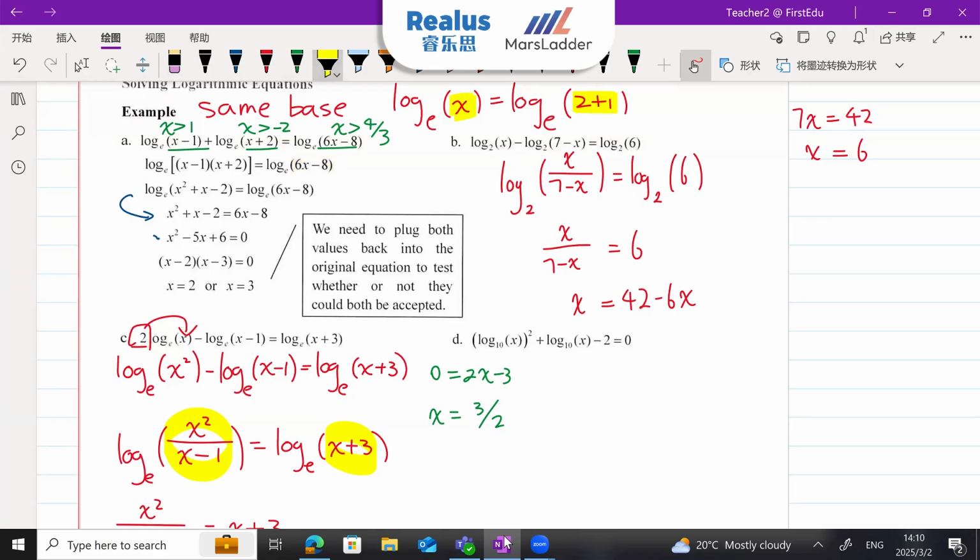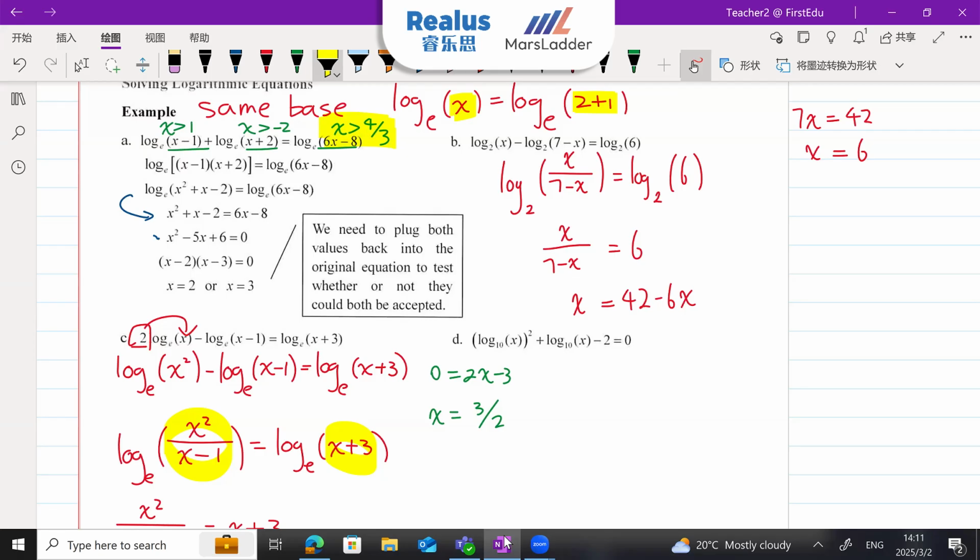Think about it. One says x has to be greater than 1, the other says x has to be greater than negative 2. So 1 is definitely more restricting than negative 2. The last one says greater than 4 over 3. So this is the most powerful out of the 3 because it narrows it down to the smallest region of values. In the areas that these two exist, this one doesn't, which means there can't be a solution. All 3 need to exist in order for a solution to occur.